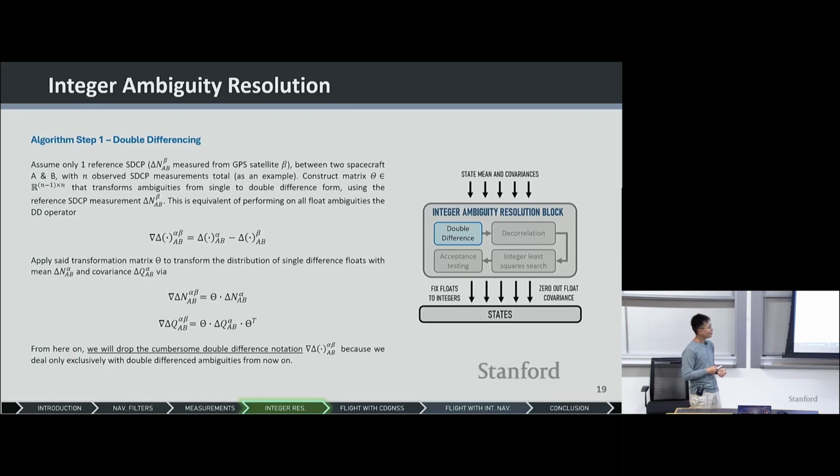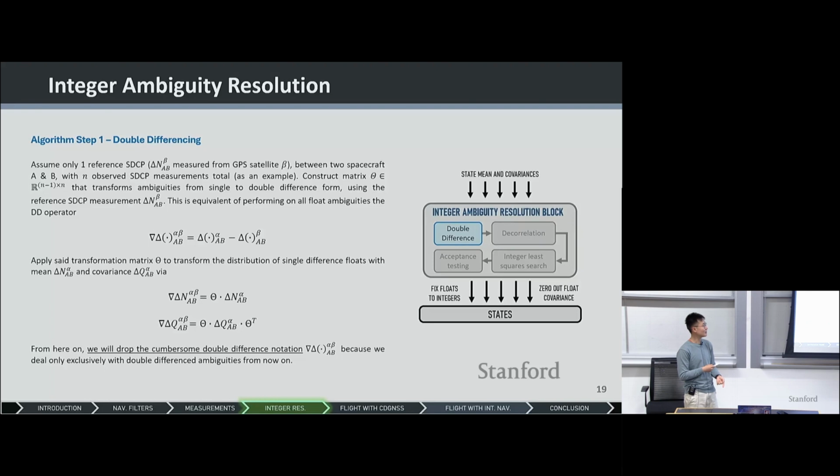You can actually perform your double differences using a transformation matrix, because if you notice this equation, this is a linear equation, and if you have 11 single difference carrier phase measurements, you can pick one as the reference that you would deduct away from your double difference model.